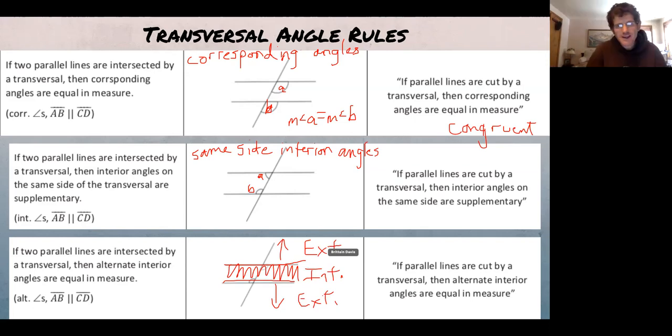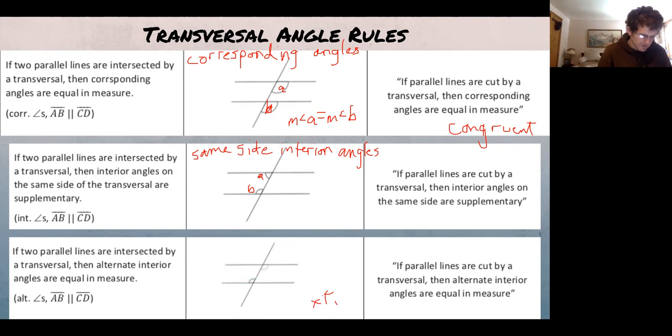So if my angles are inside the parallel lines, I would call them interior angles. So these are same side because they're both on the left side of my transversal, and they are interior because they're inside the parallel lines. All right, so I will get rid of that real quick. So same side interior angles.